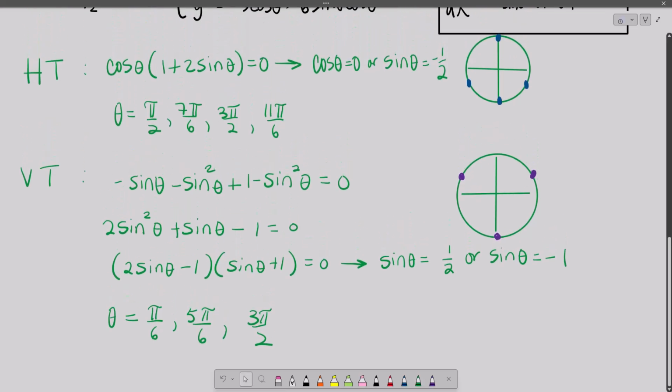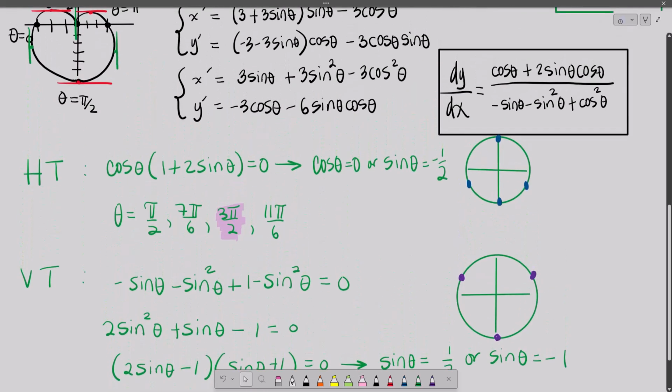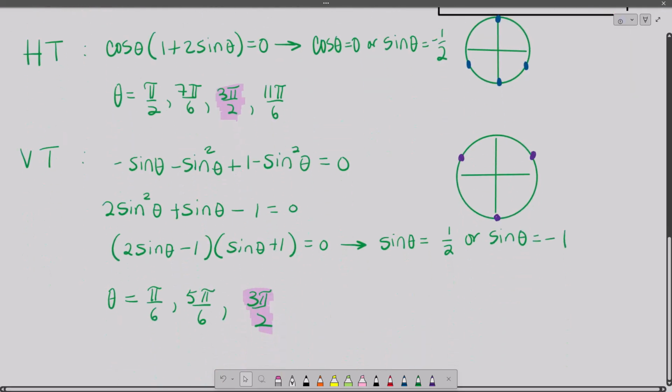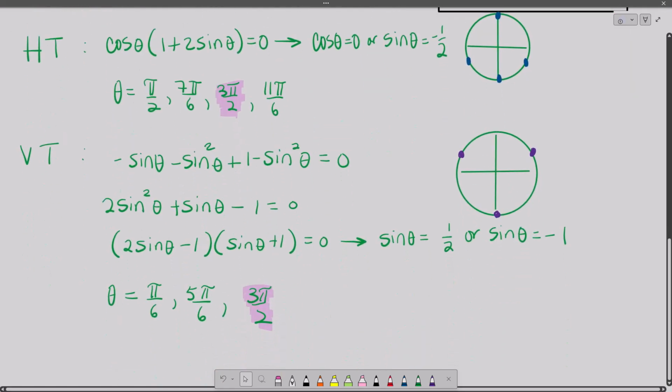Okay, so now we see this conflict. Right there. We know from looking at the graph that there's going to be 3 of each. This only has 3 zeros. That is going to correspond to our 3 green vertical tangents, no matter what, because there's got to be 3 verticals and there's got to be 3 horizontals.